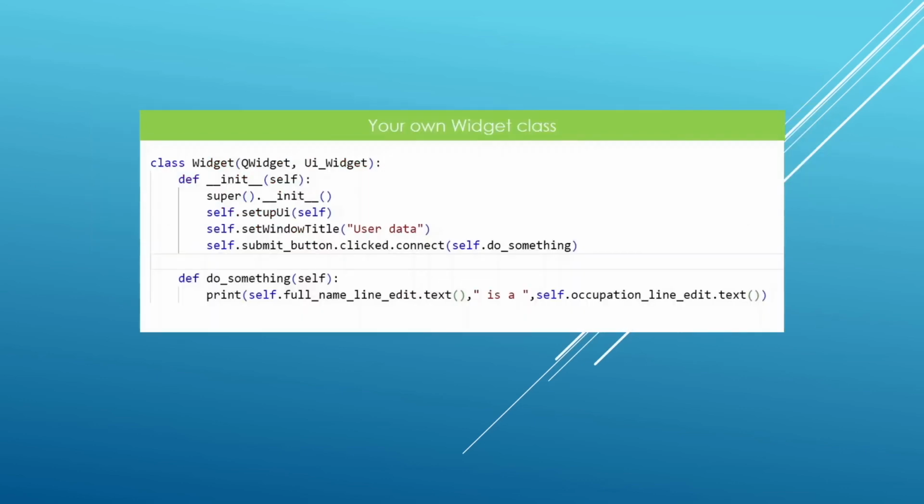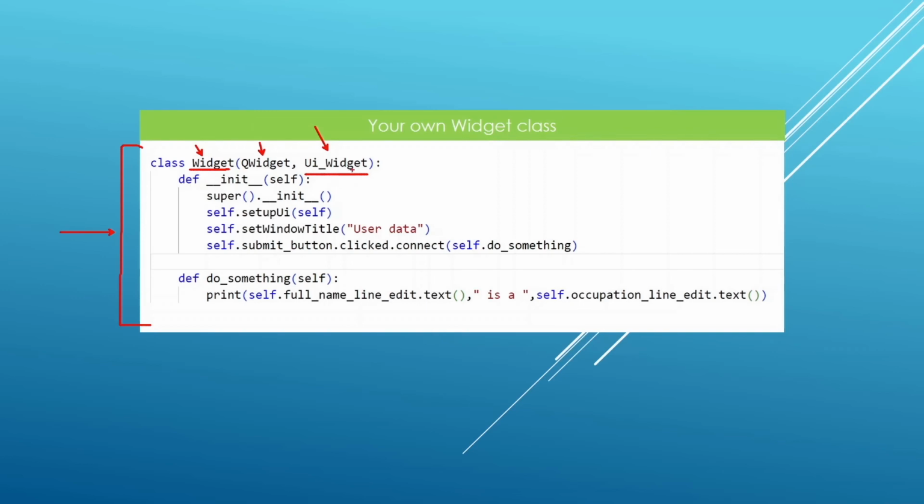Once we have our file generated, we will set up our own widget class like this. And again, this is just a simple widget we are creating. This is our own class name. It is going to be inheriting both QWidget and UI widget. UI widget is the class that the user interface compiler is going to generate from your UI file.